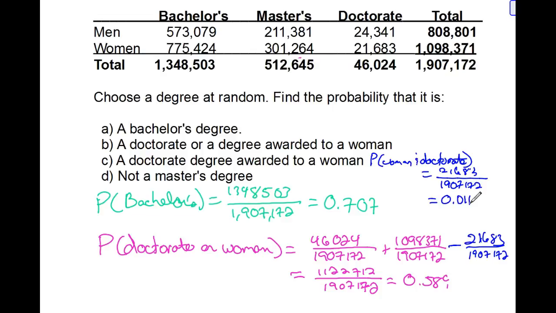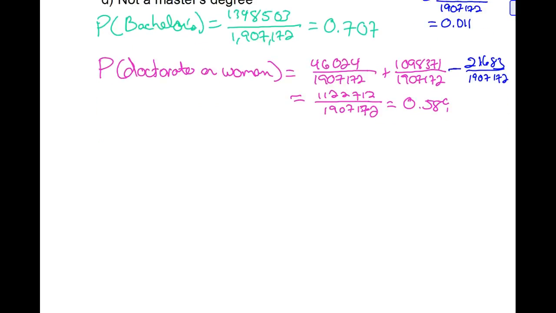Now part D is asking what is the probability of it not being a master's degree? Okay, so we want it to not be a master's degree. So the probability of not a master's degree, there's a couple of ways we can do this.